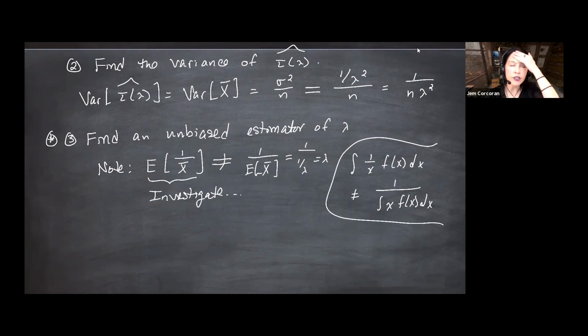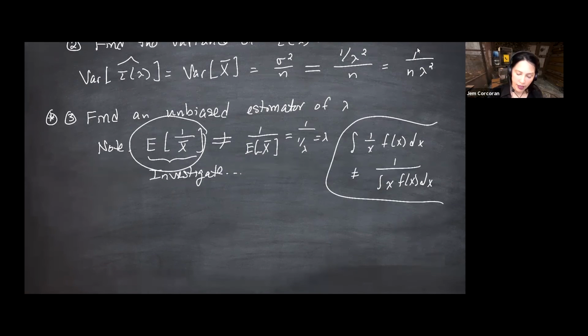Okay, so that's a lot of what's coming up. You are going to make a guess, and then if we compute this expectation and we see something that is a function of lambda where we can easily move things around in order to get an estimator that will give us lambda, then we're done. Okay, so the expected value of 1 over x bar is equal to the expected value of n over the sum of the xi.